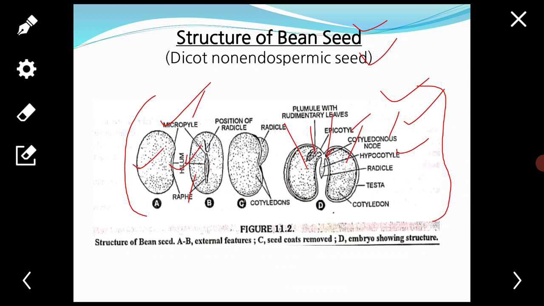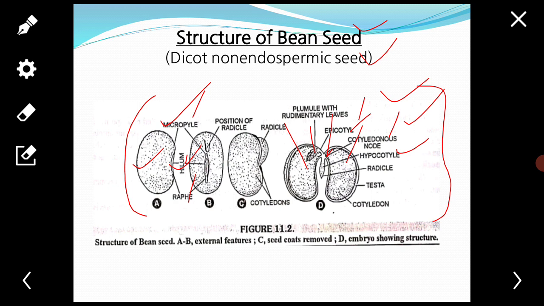The portion of the embryo axis between the plumule and the cotyledonary node is called the epicotyl, and the portion between the radicle and the cotyledonary node is called the hypocotyl.